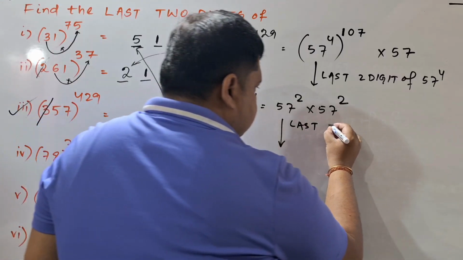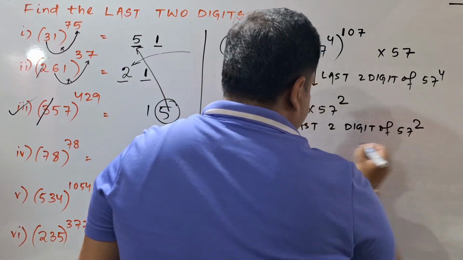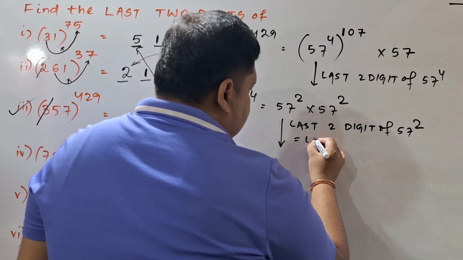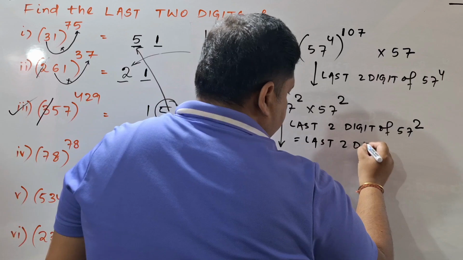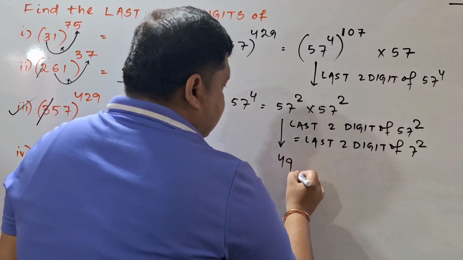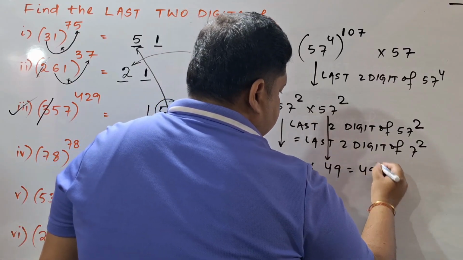The last two digits of 57 squared, you know 57 is close to 50, the gap is 7. So this is equal to the last two digits of 7 squared. You know 7 squared is 49. Here also I get 49. So this is 49 squared.